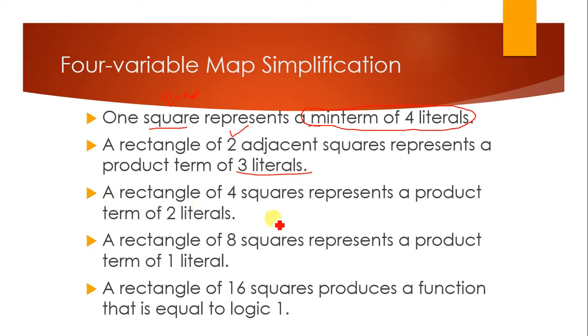A rectangle of 4 squares represents a product of 2 literals. A rectangle of 8 squares represents a product of 1 literal. Right? A rectangle of 16 produces a function equivalent to logic 1. Okay, these are certain attributes you have to look at while you are doing a 4 variable K map.